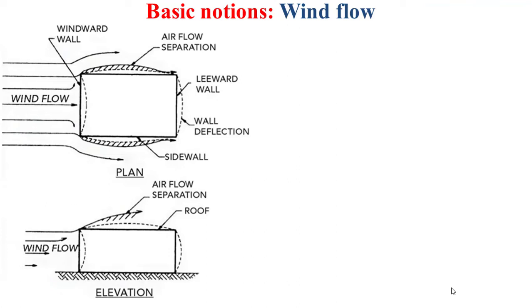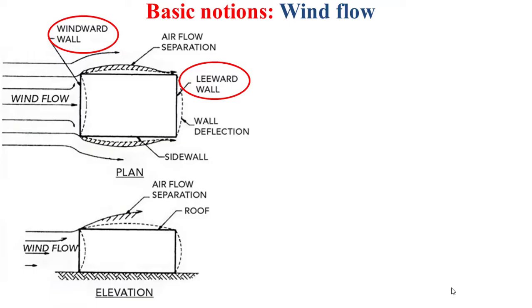First of all, some basic notions about wind flow should be assimilated and properly taken into consideration when determining the wind pressure. As depicted by the figure that you see now in this slide, if we consider a wind flow blowing against, let's say, the front side of a building, the wall of this front side is called the windward wall, and the wall of the rear side is called the leeward wall.